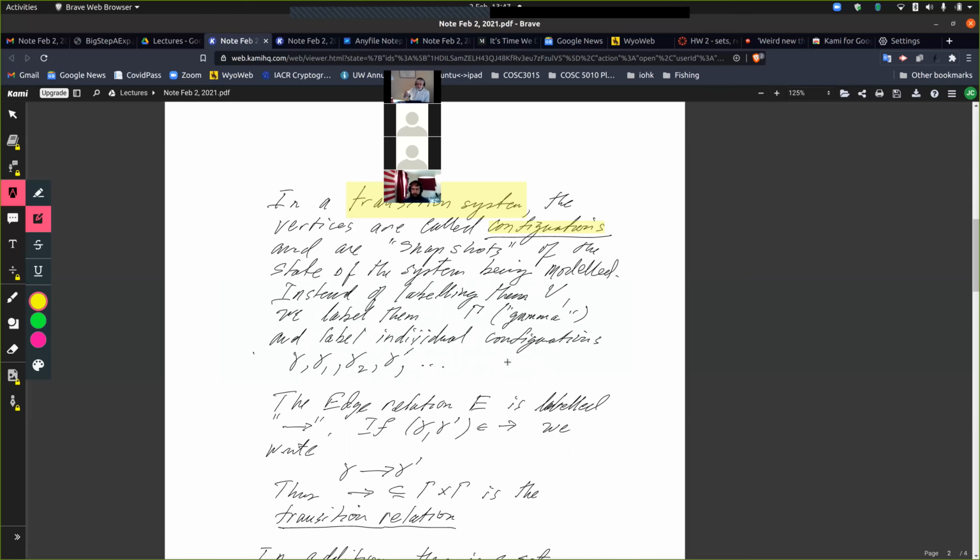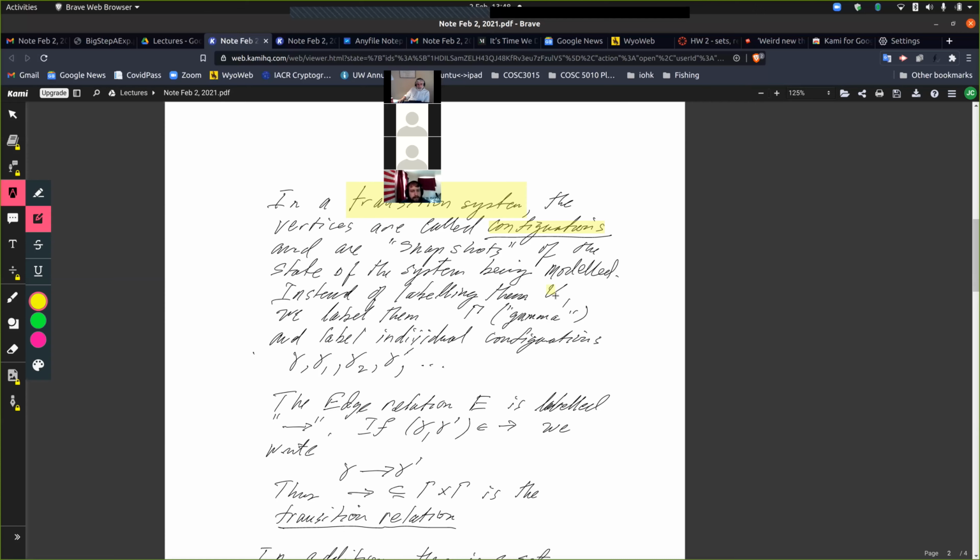And if we added named variables to our programming language, we might need a map that tells us this variable refers to this memory location. So what a configuration is is determined by what the structure is and how complicated a structure we need to interpret the meaning of that thing. But in general, they're snapshots of the state of the system that's being modeled.